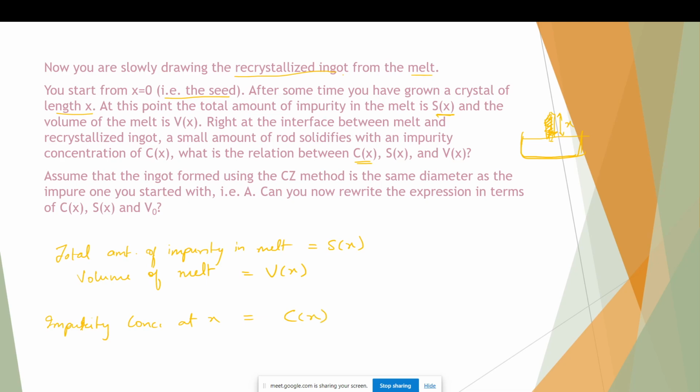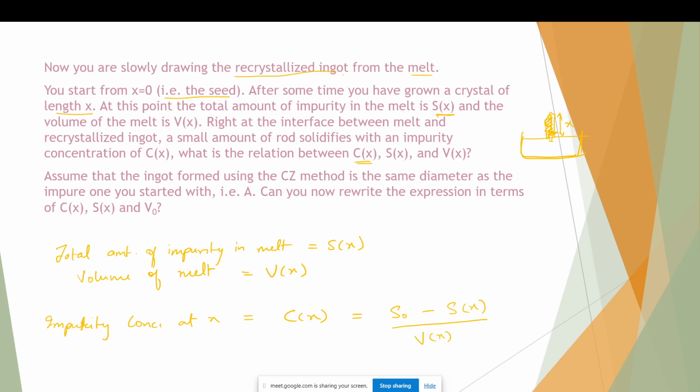So then what is the C of x? It will depend on S naught minus S of x, the whole divided by the volume V of x.